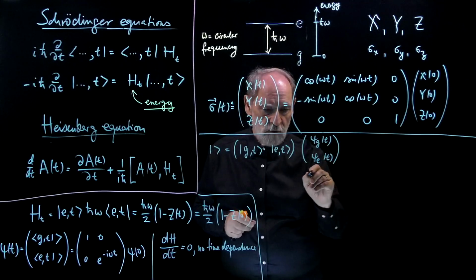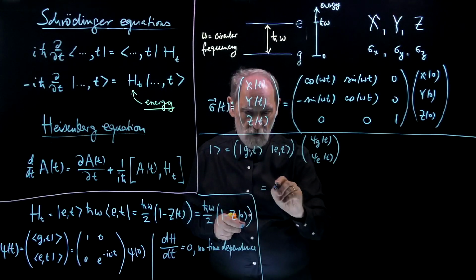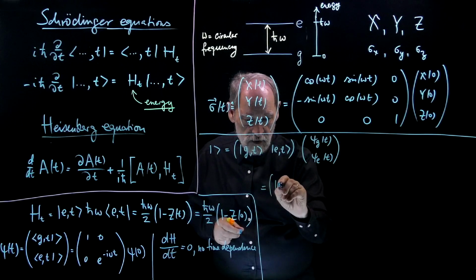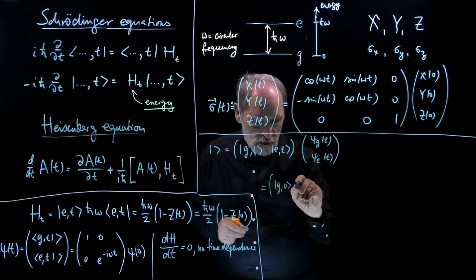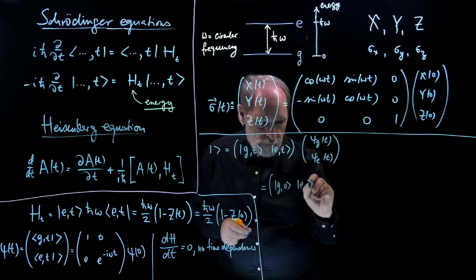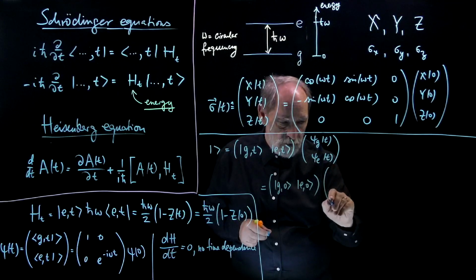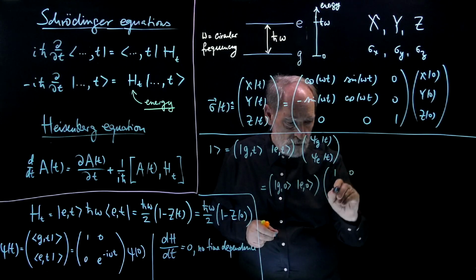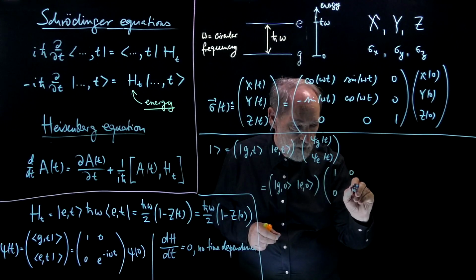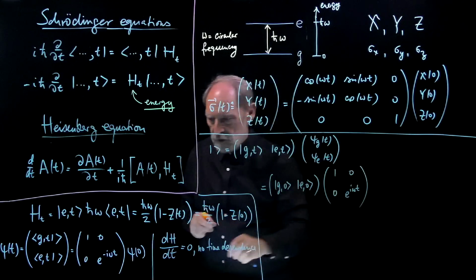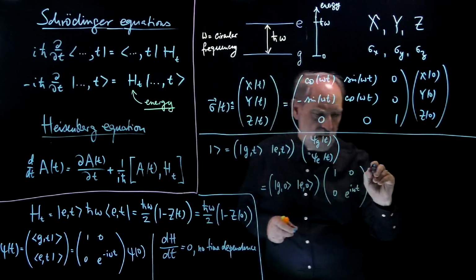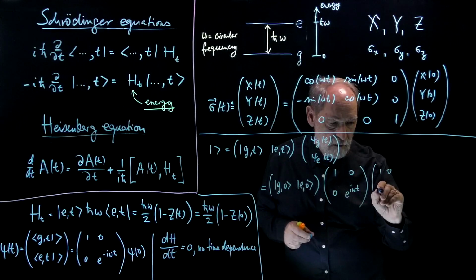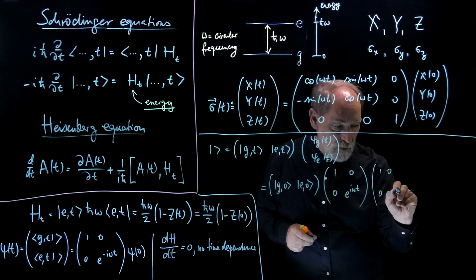Now, if we relate everything to time 0, then this is the G ket at time 0 and the E ket at time 0, and then the matrix that we just saw, 0, 0, e to the i omega t. And for the wave function, we have this matrix, 1, 0, 0, e to the minus i omega t.